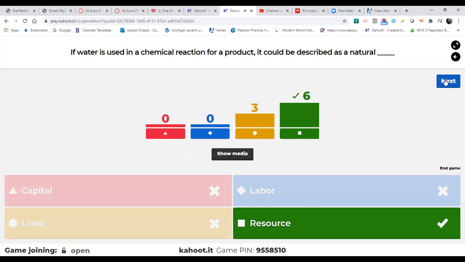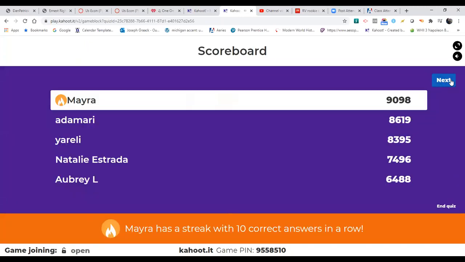Resource, right? If water is used in a chemical reaction for a product, it could be described as a natural resource. Right? Yeah.